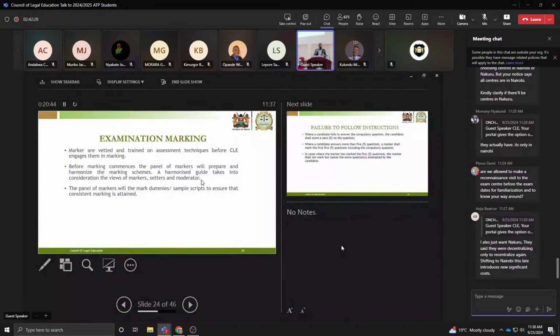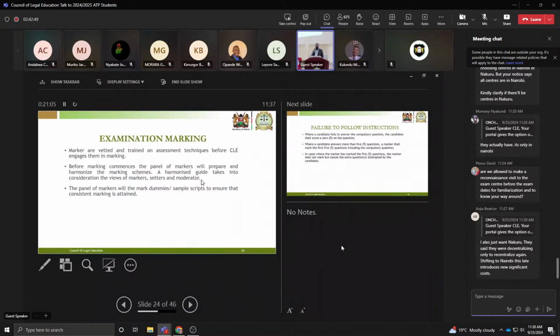Remember, the setters' marking guide has been improved by the moderators. So when the markers come in, we will give them an opportunity to come up with their own marking scheme. And once we have ascertained that they have actually done that, then we will also share the setters' marking scheme. Then we'll have the process that we refer to as harmonization of the marking guide.